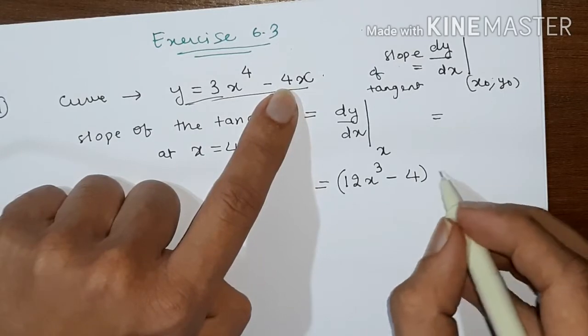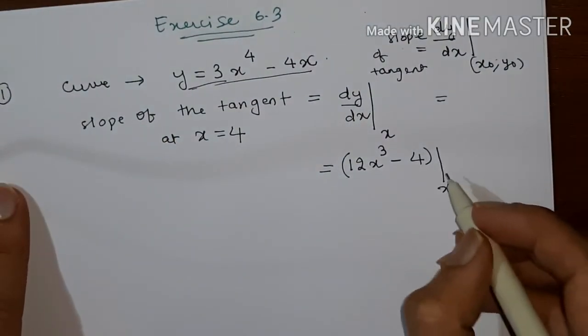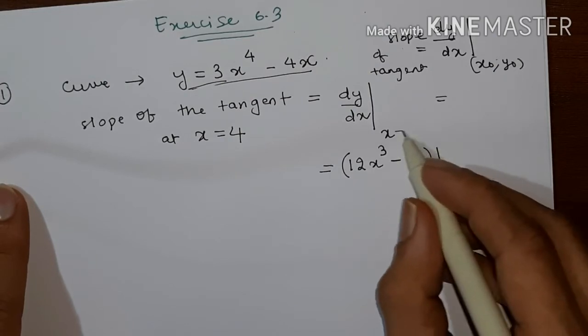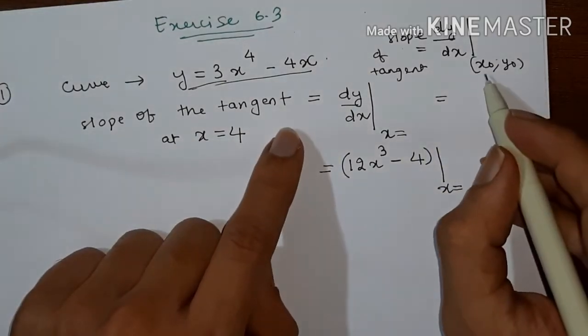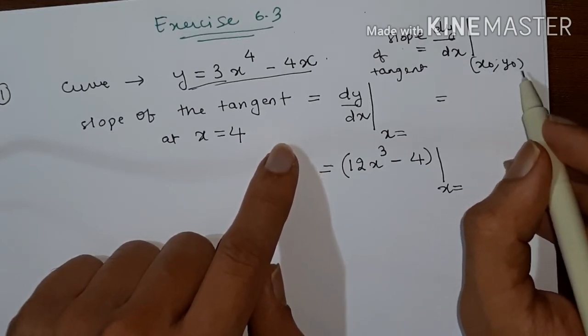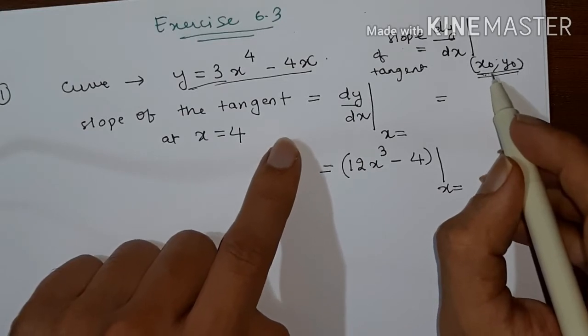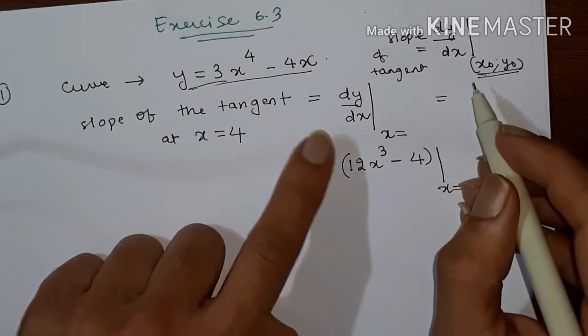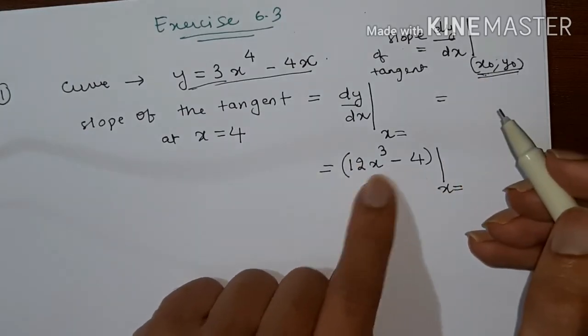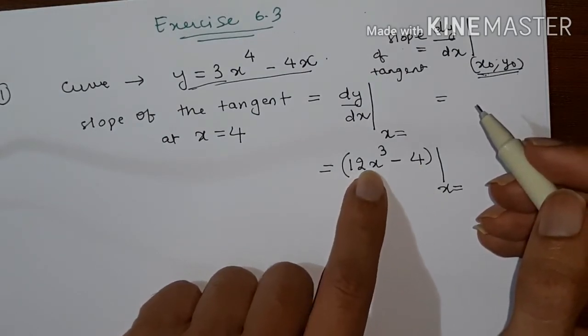Now at the point x equal to something. Here the term was x naught comma y naught. At this point we have to find the slope, but you can see that dy by dx only consists of one variable, only x is there.